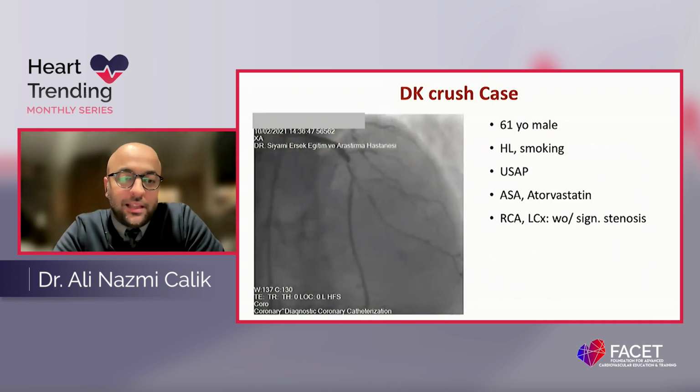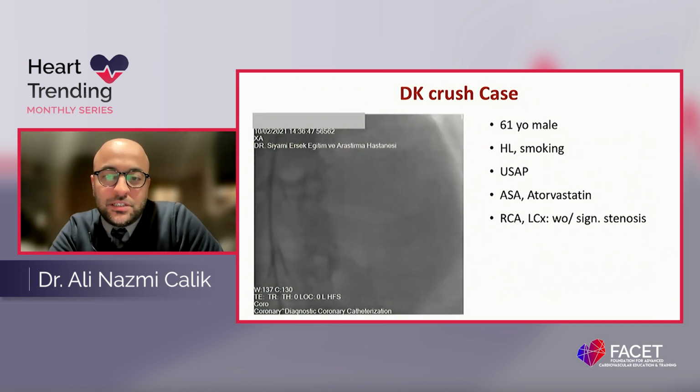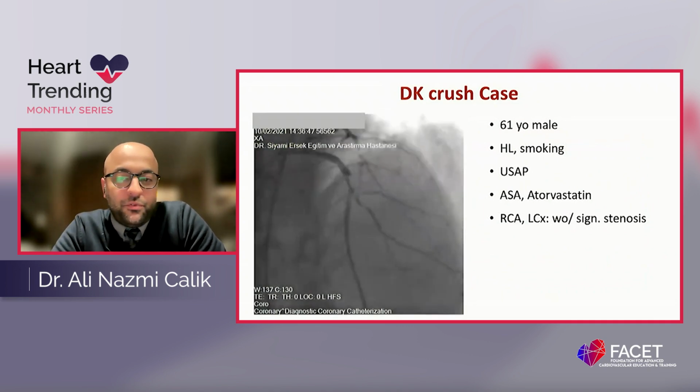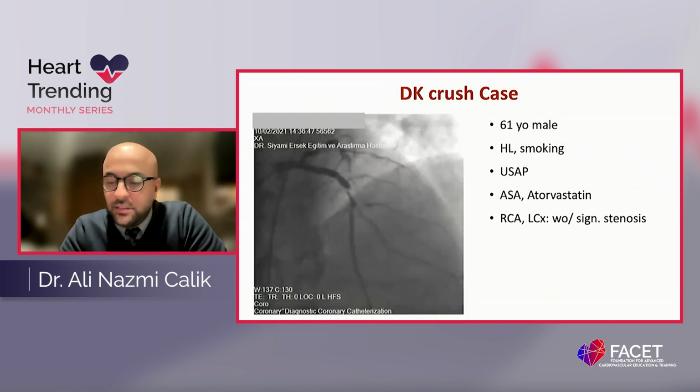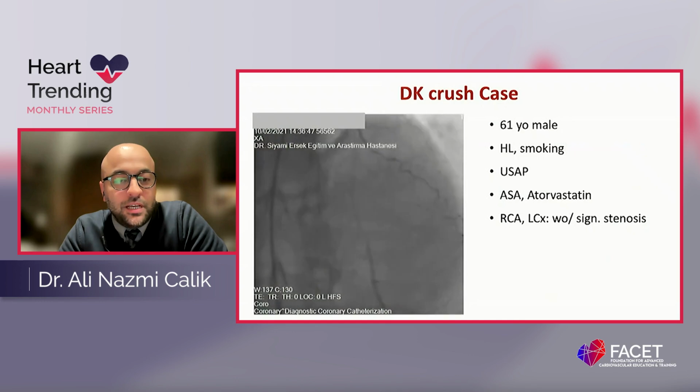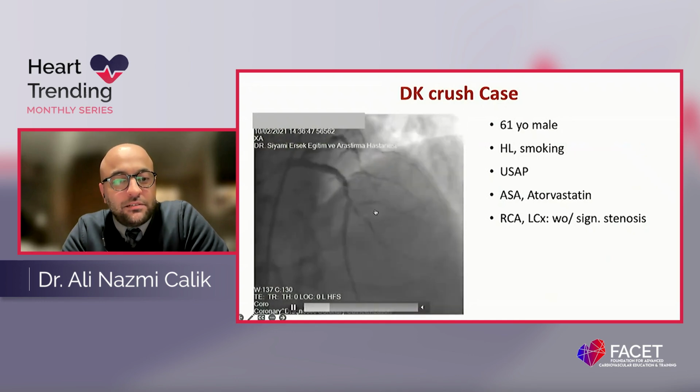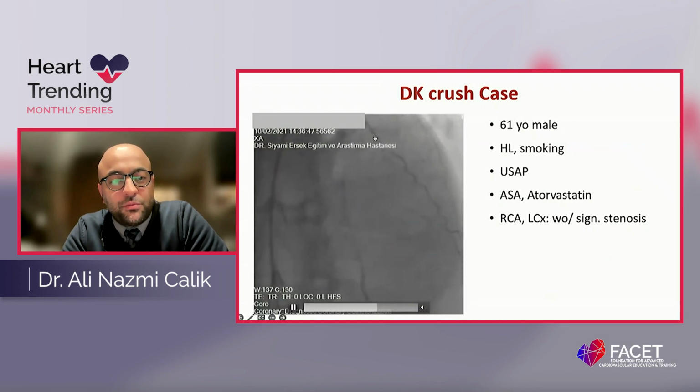Let me show you my last case, which is a 61-year-old male, hyperlipidemic and smoking, admitted with unstable angina pectoris. You can appreciate that there's a significant lesion extending from the main vessel proximal to the distal.